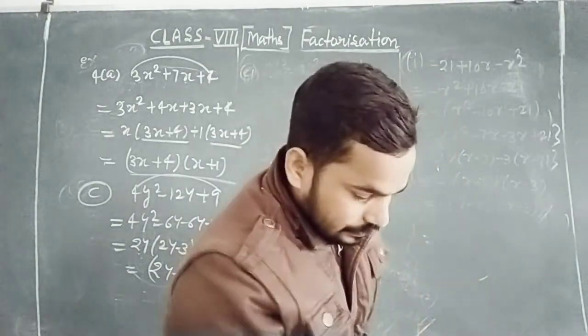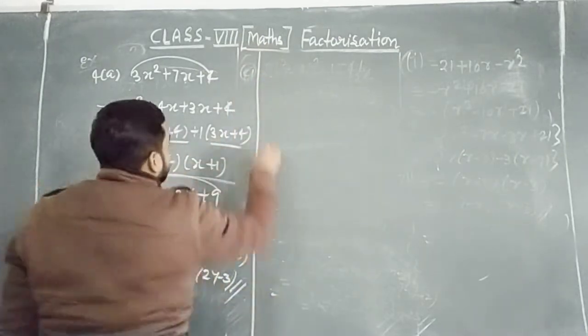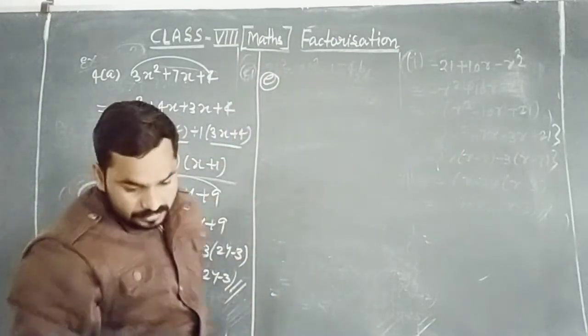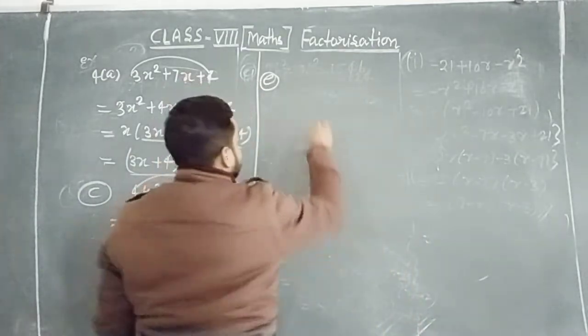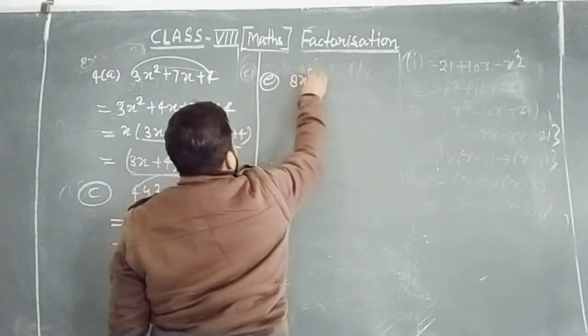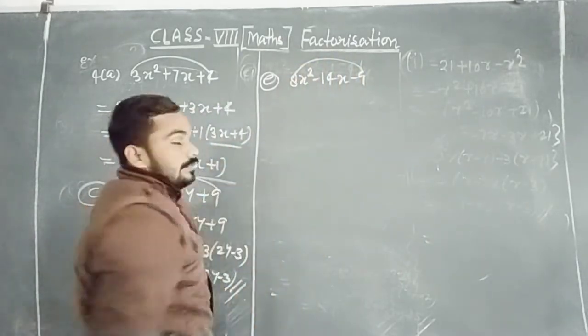Next, E part, 8x square minus 14x minus 9. 9 times 8 is 72.